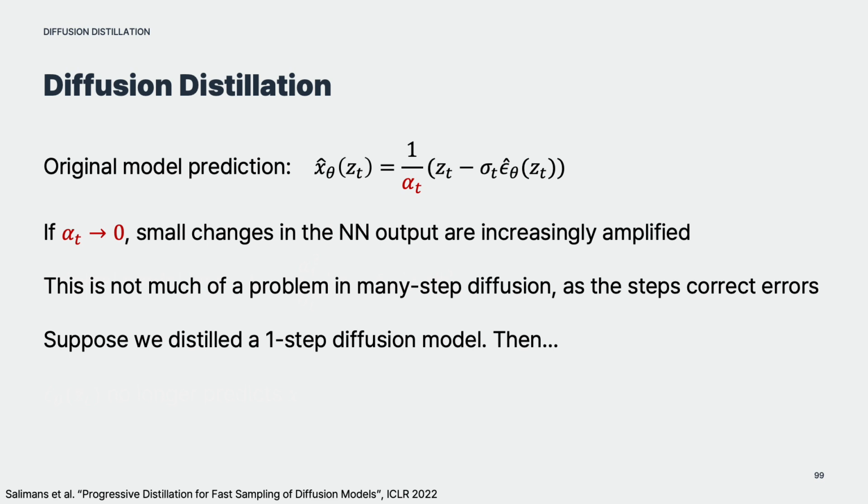However, suppose we distill the single-step diffusion model, then our model's predicted epsilon can no longer recover the original image, because with alpha 0, it must directly produce an estimate of x, which is mathematically impossible.